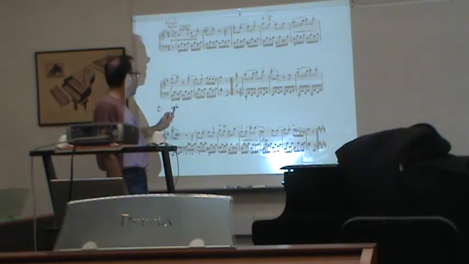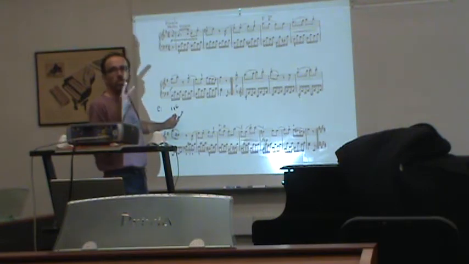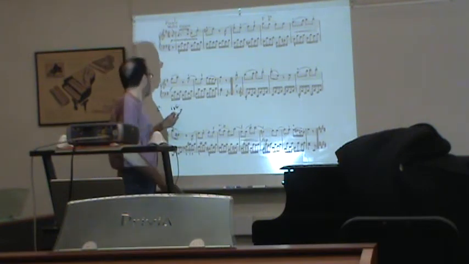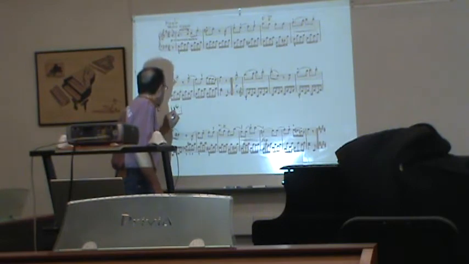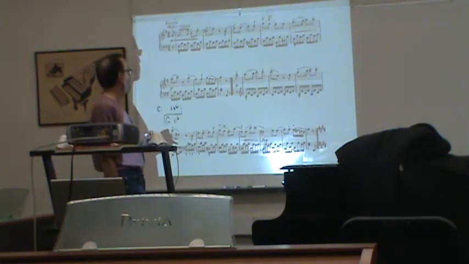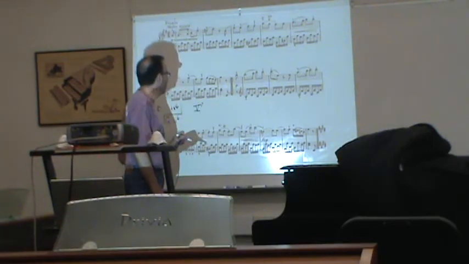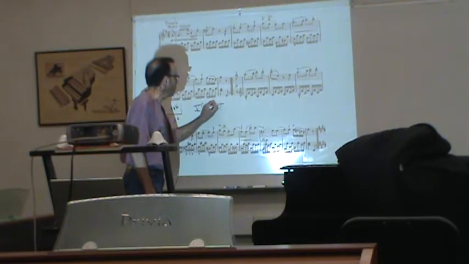What would the 4 chord in E minor become in G major? It'd be 2, right? So this chord we would reinterpret as a 2, 6, and then this would become 5, 6, 5, 7 actually, and this would become 1.